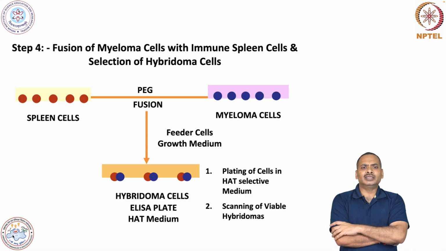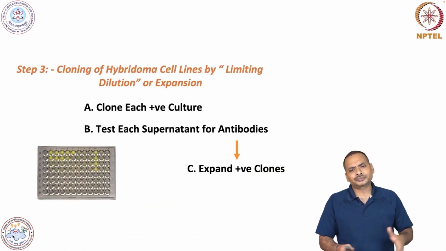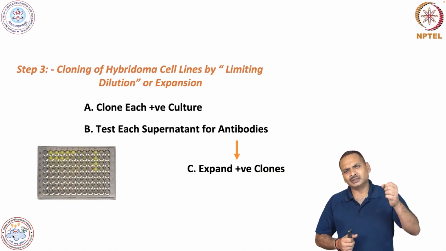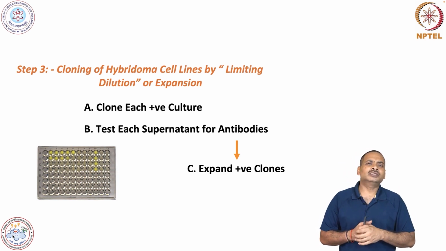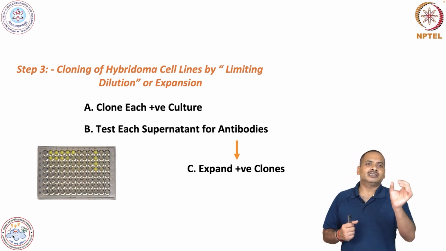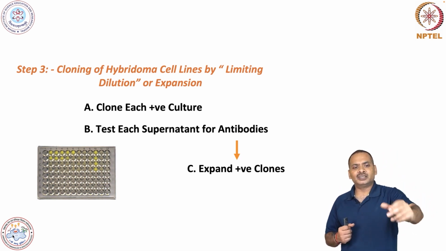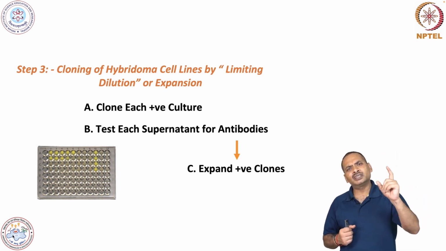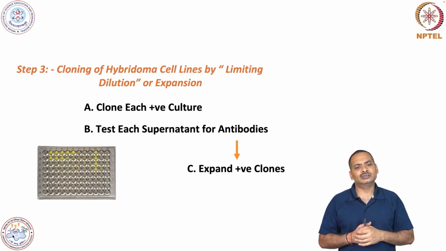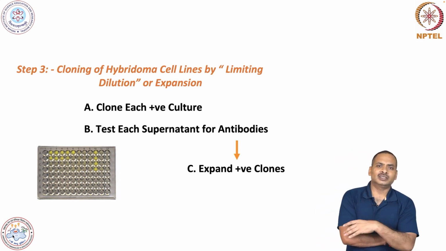And then what we can do is make a limiting dilution. Basically, we make the dilution in such a way that each microtiter plate well will contain only one fused cell. Here you can see that one fused cell will be there.